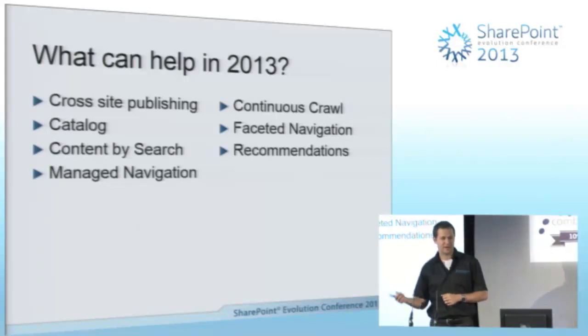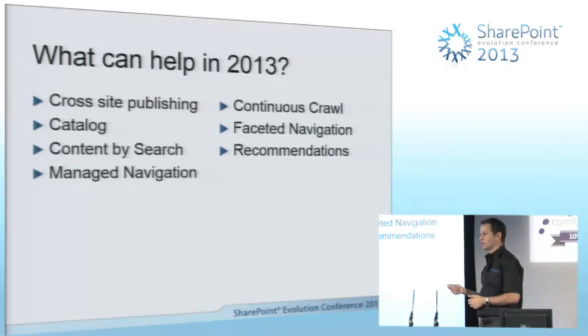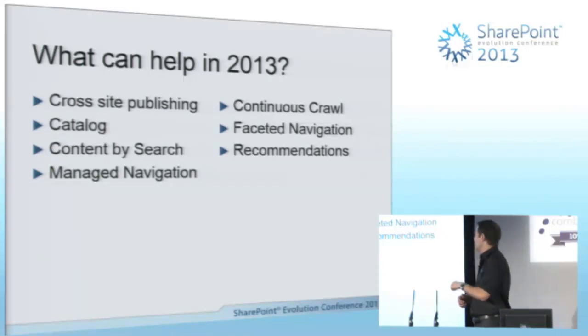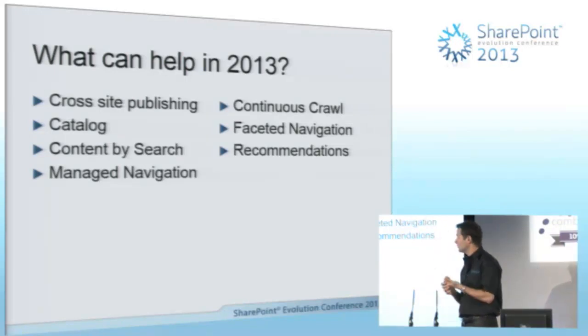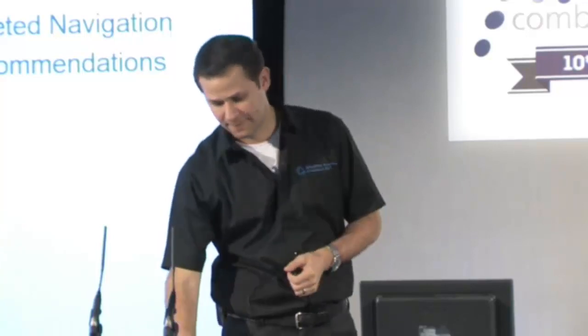Search is continuously running, and it can be a matter of minutes versus hours before stuff shows up in search. So it's kind of like doing incremental crawl constantly. Faceted navigation for being able to refine as you navigate, and also recommendations. I think these are all features that are applicable to intranets that a lot of folks will only talk about in an internet scenario.